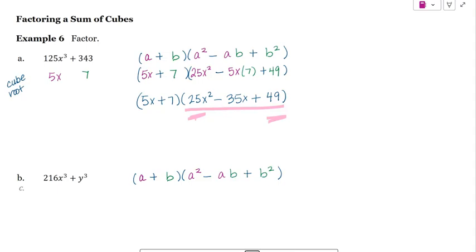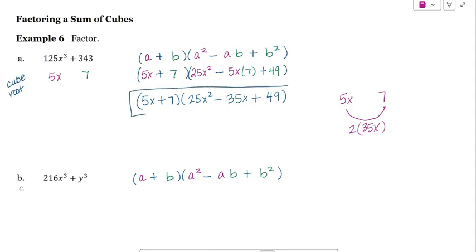But when I have a perfect square trinomial, the first term, if I took the square root, would be 5x, and the second term, the square root would be 7. When I multiply them together, I actually double them up to get the middle term. So the middle term would have been 70x and it's only 35x. So I've convinced myself that this can't be factored any further, and this is our final answer.